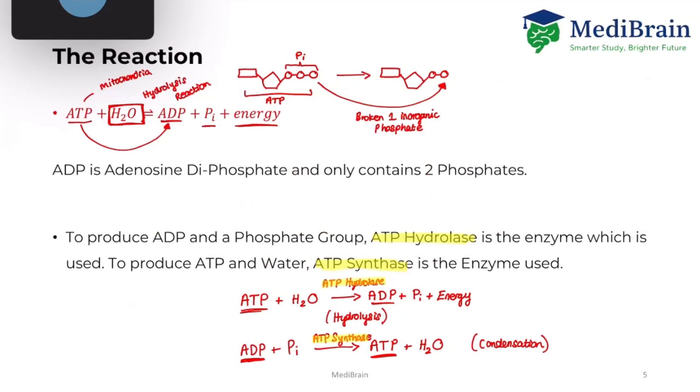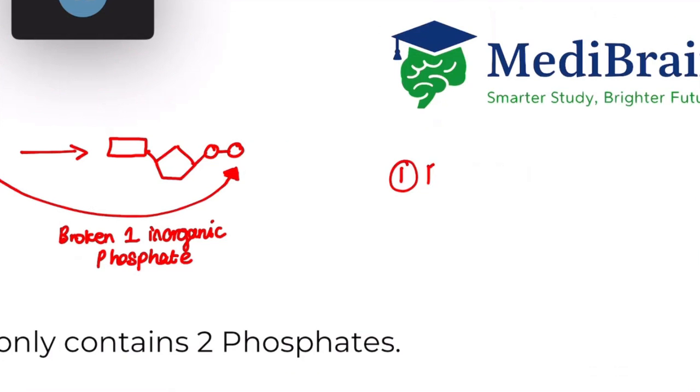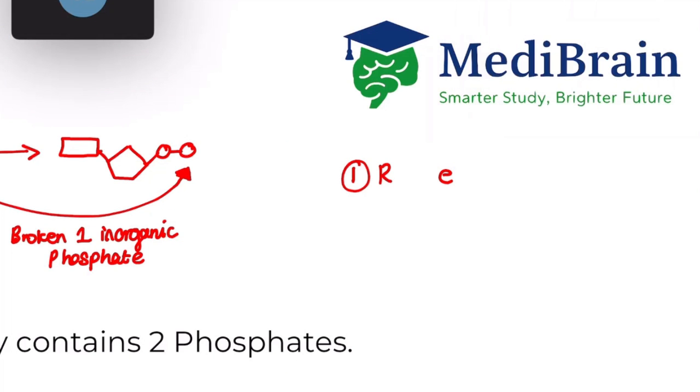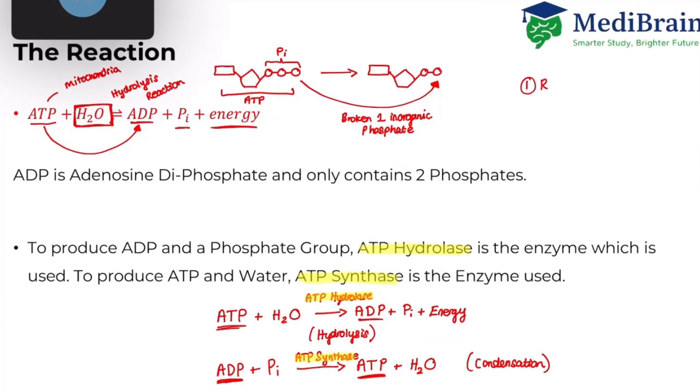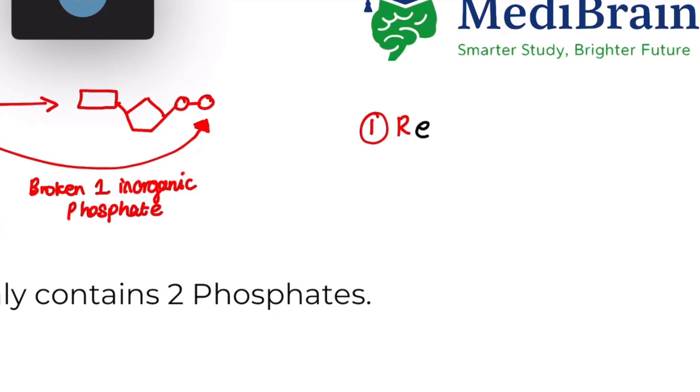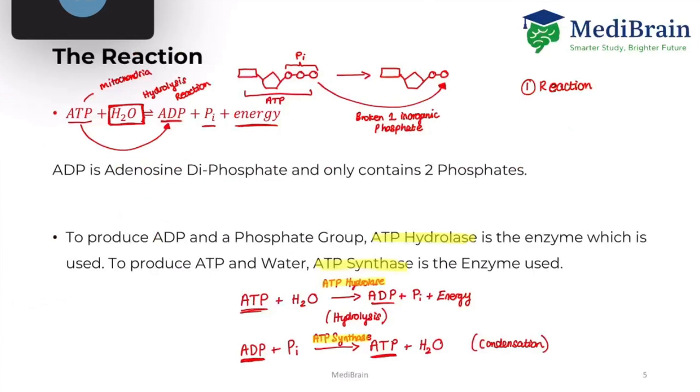If I was to summarize from the slide what you need to know, you need to know this reaction. ATP plus H2O is a reversible reaction to produce ADP and Pi and energy.